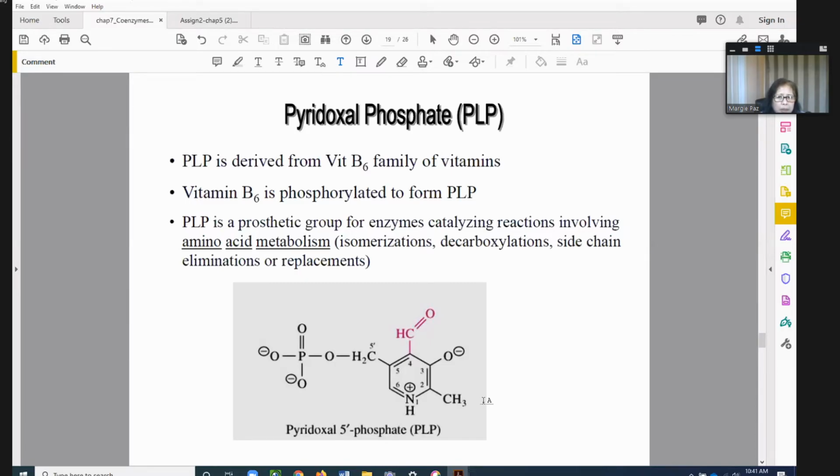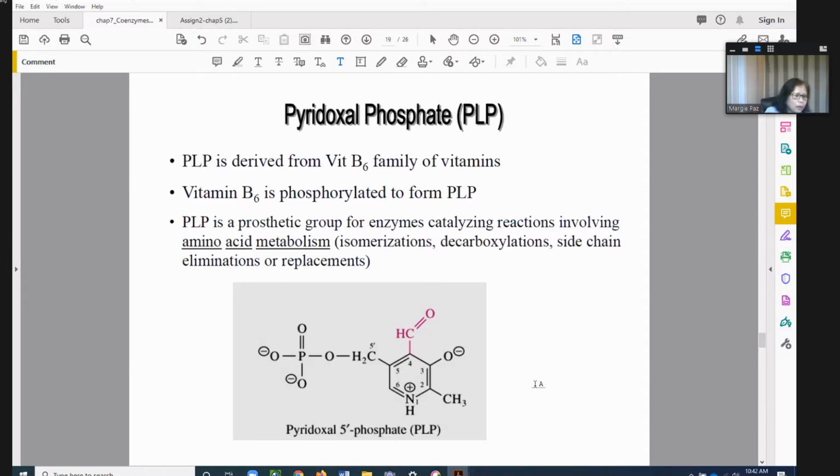And for its role, PLP is a prosthetic group for enzymes catalyzing reactions involving amino acid metabolism. So PLP is a prosthetic group that is involved in isomerization reactions, decarboxylation reactions, and side chain elimination in amino acid metabolism. Okay?